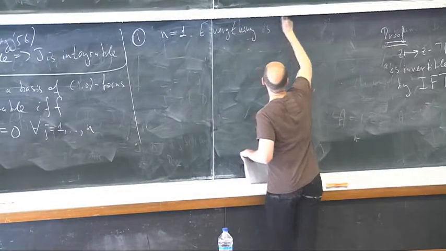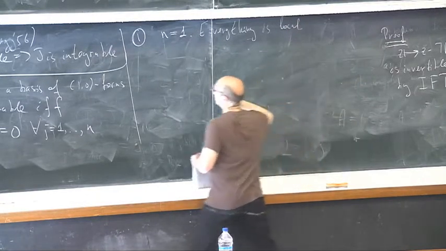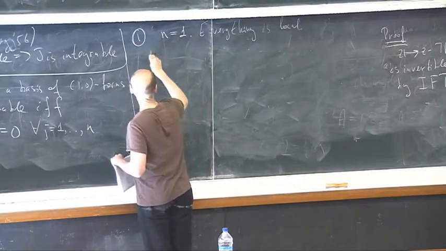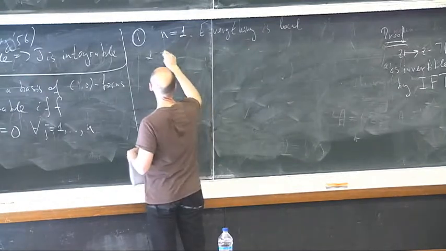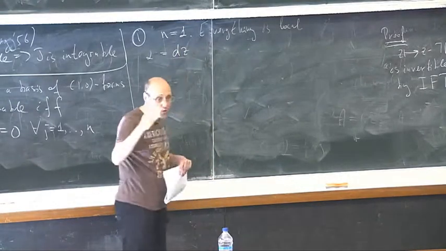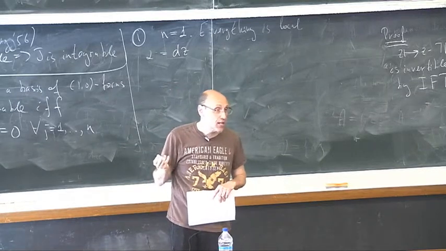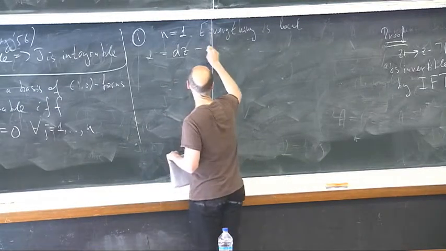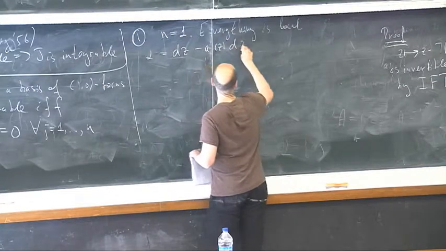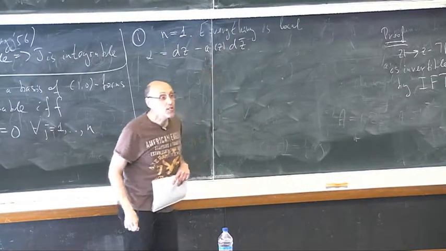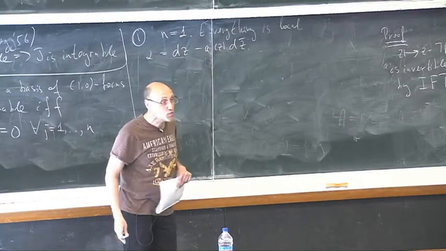Then alpha, just one form, can be written like this. It must be a small deformation of the 1-0 form for the standard structure, right? So it must be something like this, and nothing else, where A is some smooth function which is very small.